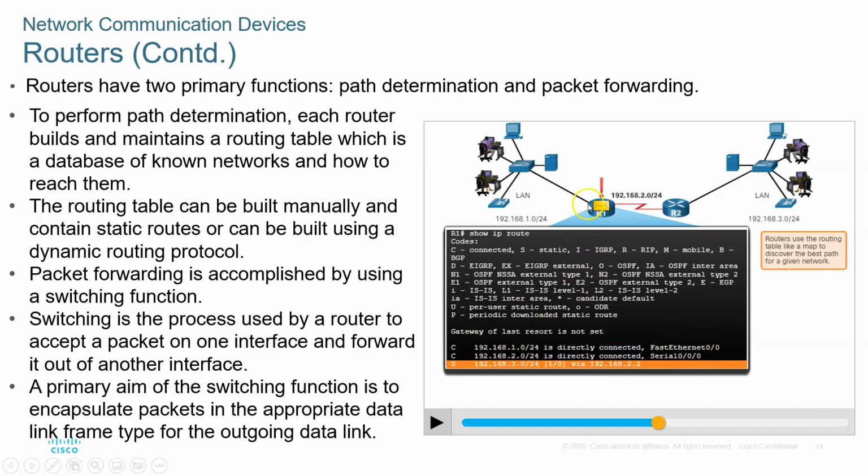So what does FastEthernet 0/0 do? It will send an ARP request to everybody in the LAN, saying, hey, I have a packet for somebody with this IP address, please give me your MAC. So let's say it was for this guy. This guy responds with an ARP reply, giving your default gateway his MAC address.